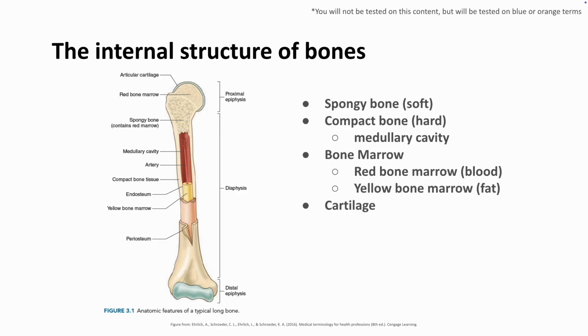And there's also yellow bone marrow, the yellow part over here, which is the portion that creates fats or fatty tissues inside your bones.